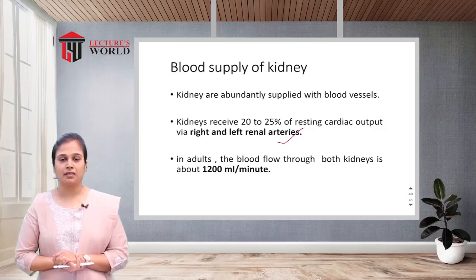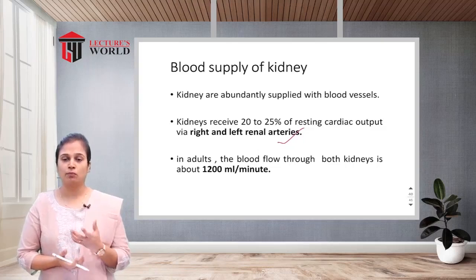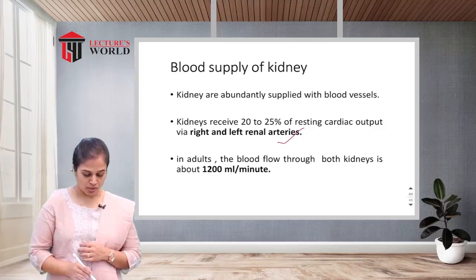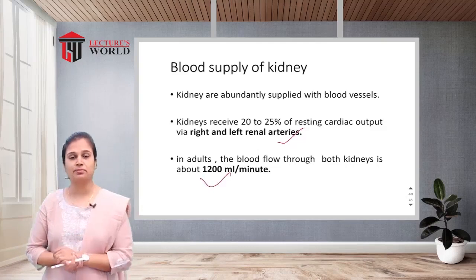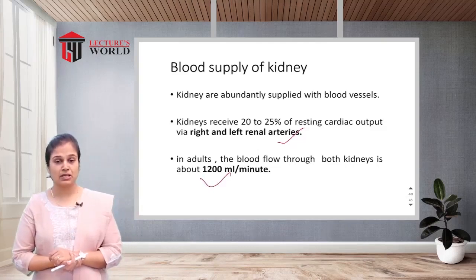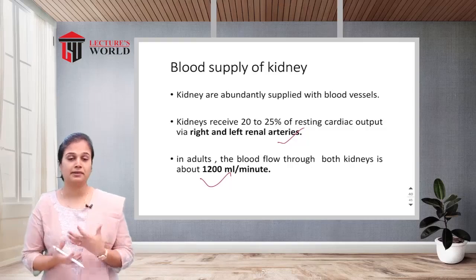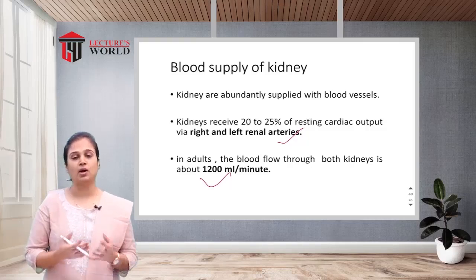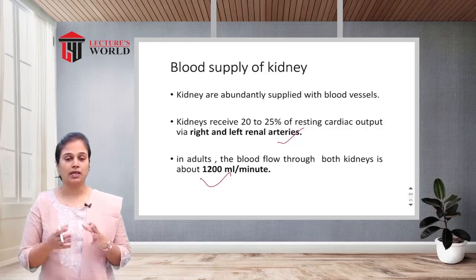In an adult, the blood flow through both kidneys is about 1200 ml per minute. So the kidneys receive 1200 ml of blood in a minute.